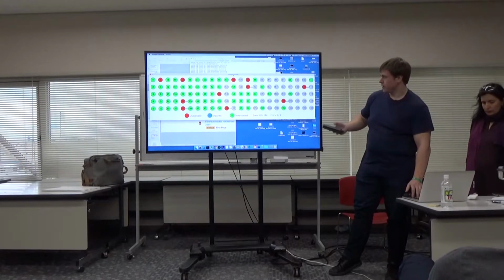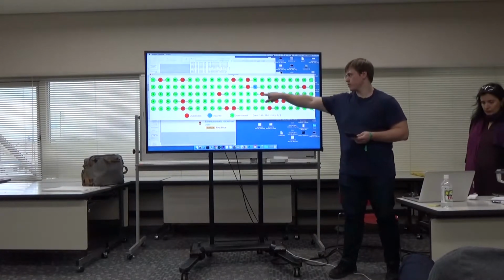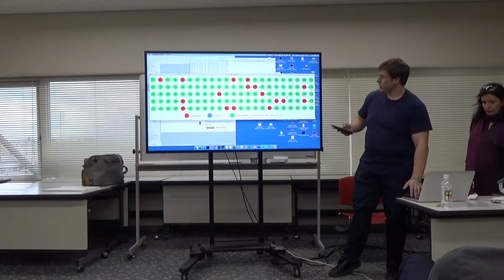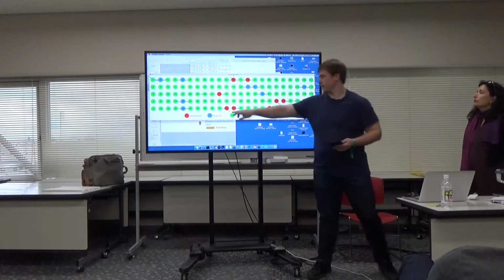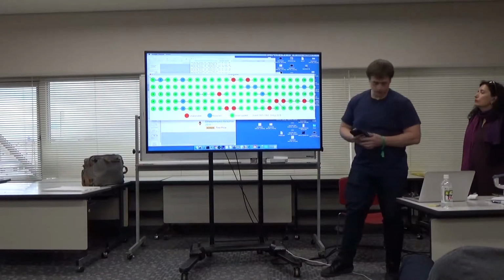So the algorithm keeps running, and on number 41, you see that one data block is repaired using these two parities on the side. And then if we go to 160, here you have a case where there are two parities after each other which have failed.